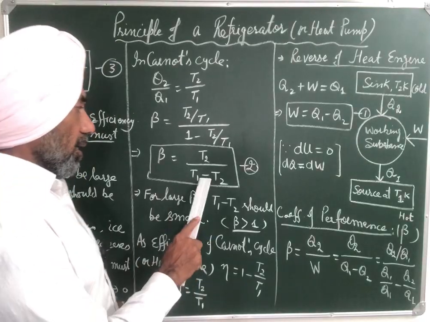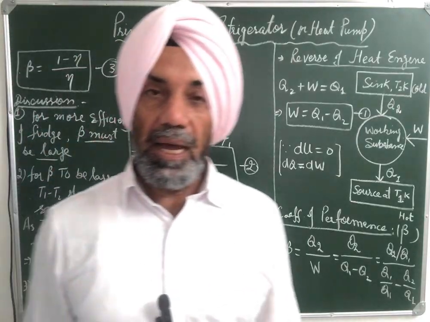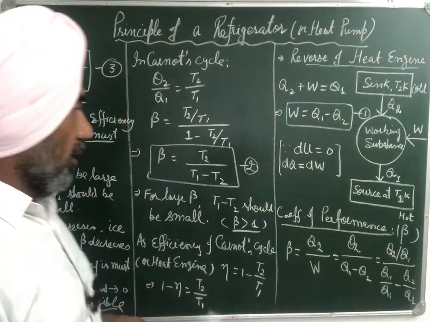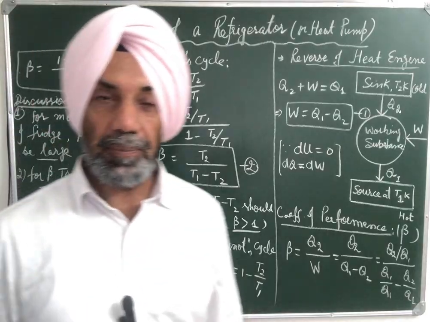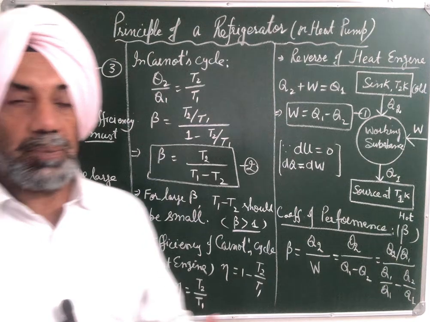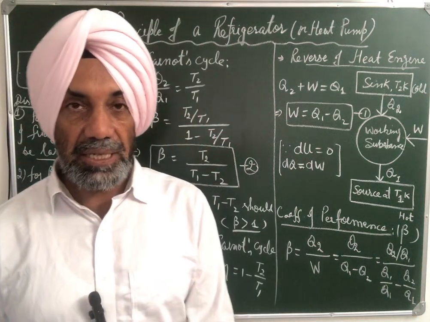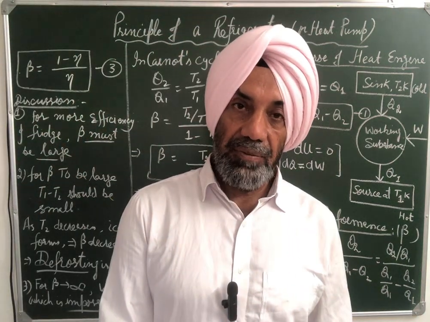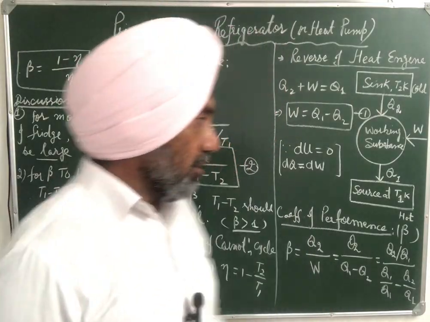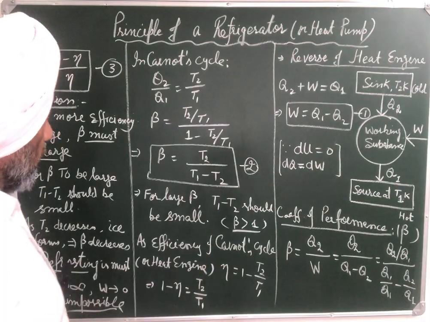First, it is very clear that beta gives the efficiency of a fridge. More is beta, more is the efficiency. And for beta to be large, T1 minus T2 should be as small as possible. That is, difference in temperature inside the fridge as well as outside the fridge should be as small as possible, so that its efficiency is more.